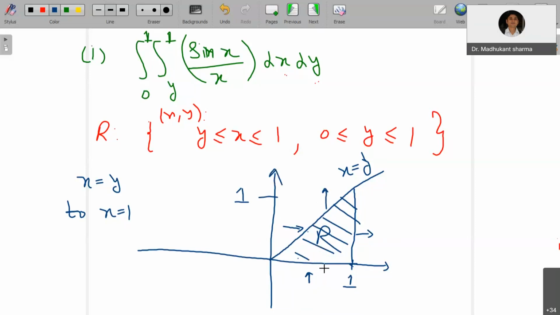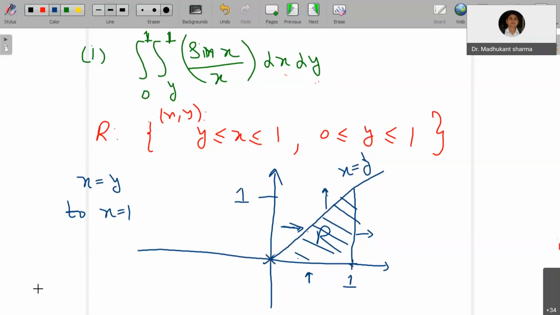It enters at y equals 0 and leaves at y equals x. Now for x, since you have already covered y, you start here, x equals 0 to x equals 1.